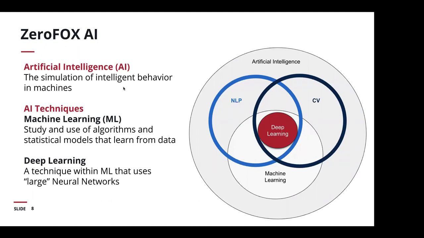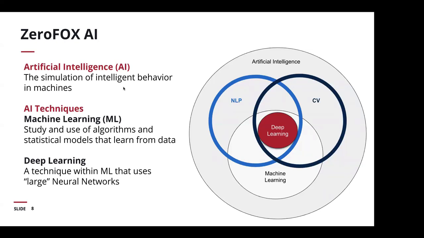This is really using algorithms and statistical models that can learn from all the data that you're collecting. And within machine learning, there's another technique called deep learning. This is a way of using large neural networks, so neural networks with a lot of layers, to understand your data and discover these patterns that you're interested in.